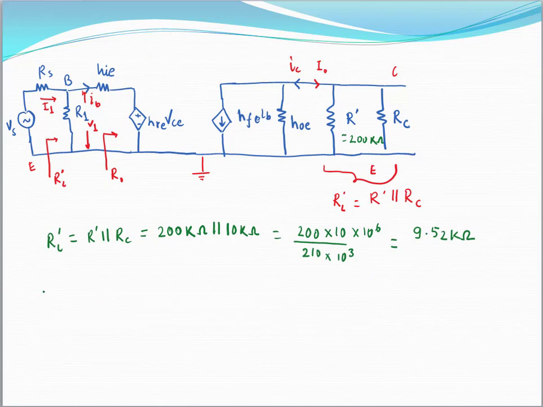Now we will calculate the current gain first, AI. So here AI will be IC by IB.